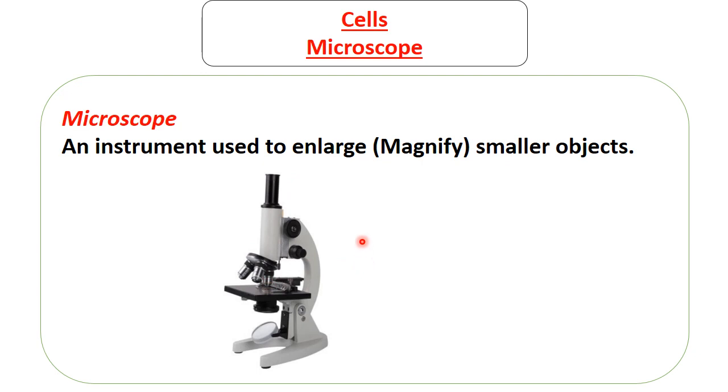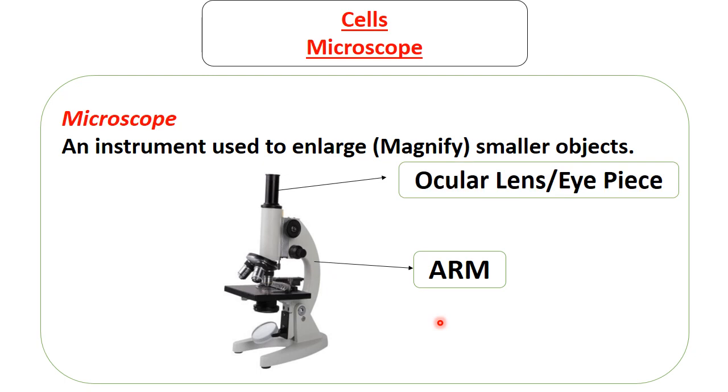So let us label these various parts of the microscope. This is the arm, which is used to hold the upper parts of the microscope, or to carry the microscope. If you want to lift it, you use the arm. We also have the ocular lens or eyepiece.